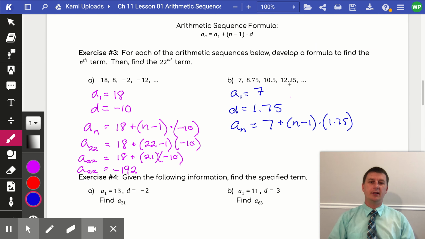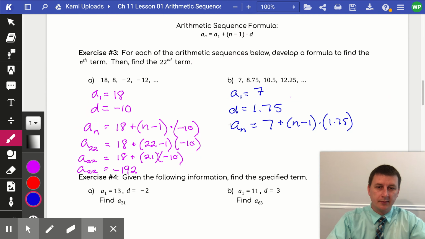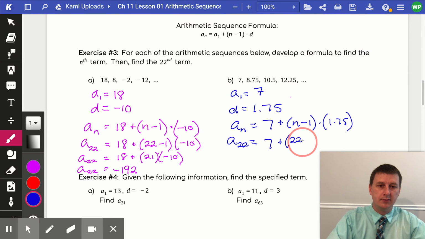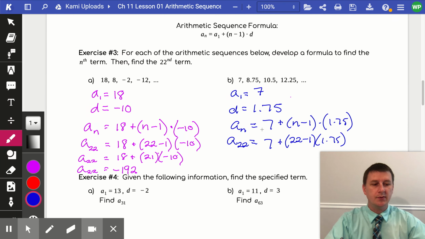So now what we want to do is substitute in 22 for n. So we're going to write a sub 22 is equal to 7 plus 22 minus 1 times 1.75.